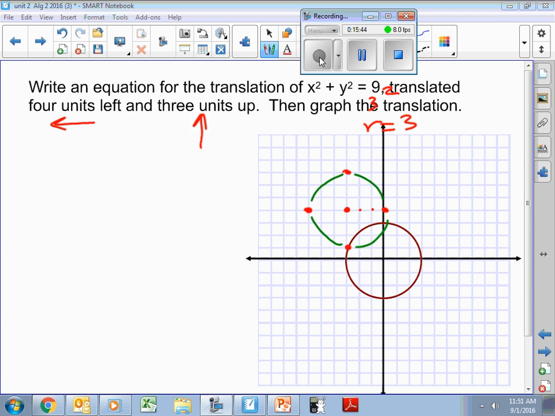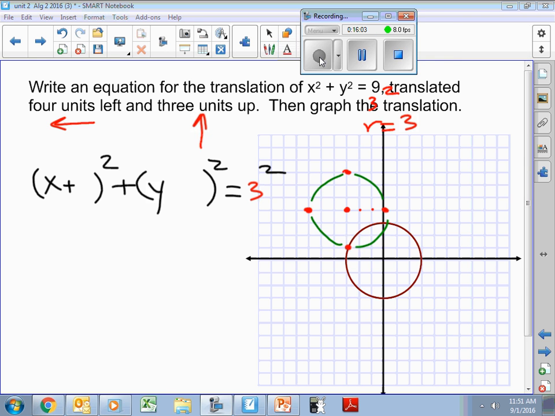Here's the equation. You need an x. You need a y. And you need a radius, which we just said is a 3. 4 units to the left, 3 units up.